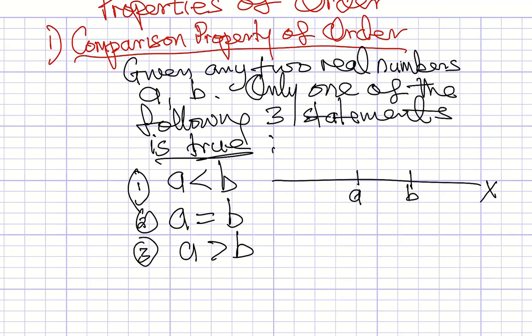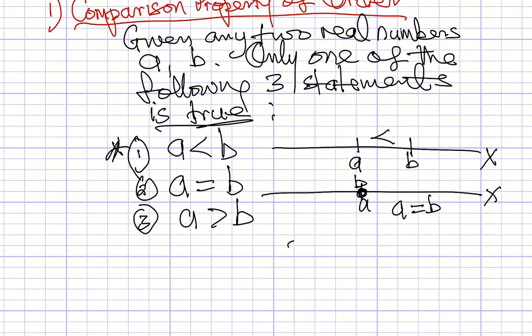In that case, B is greater than A, or A is less than B. In the second case, if A is here, B can be here too. So they can be equal. They can coincide. So A is equal to B.